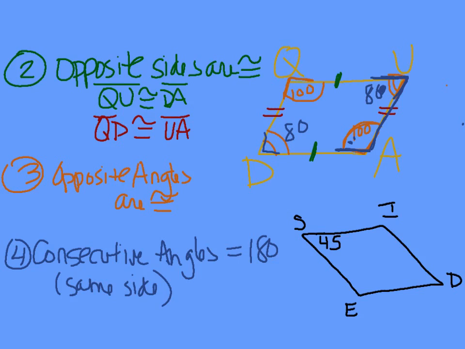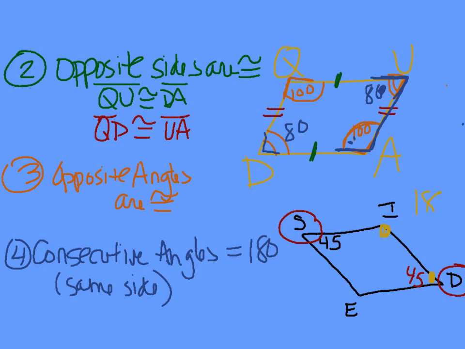So if S is 45 degrees, according to the rules, the opposite is going to be equal to 45 as well. So S and D are opposite angles. So that means angle D is also going to be 45 degrees. And then, according to the rule, opposites are equal, but then same sides are going to be equal to 180. So that means I and D are going to be equal to 180 because they're on the same side of the quadrilateral.